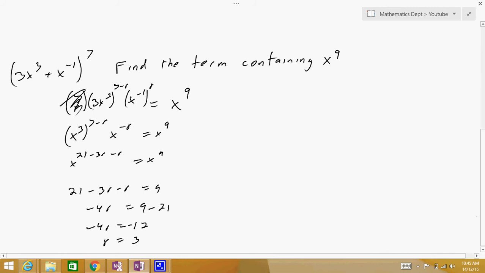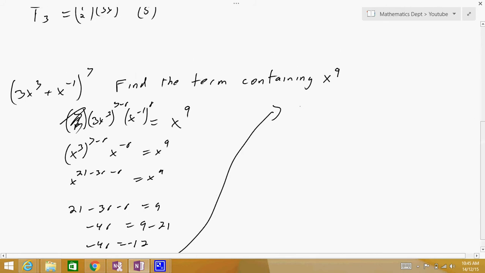Now that I know r is equal to 3, I can go back and expand. Once again, it's going to be 7 choose 3, 3x to the power 3, to the power of 7 minus 3, x to the negative 1, to the power 3. And if I expanded that out, I would get the term that contains x to the power 9.